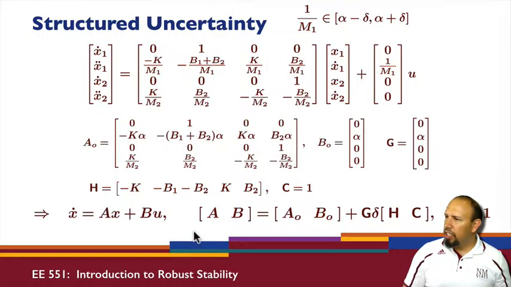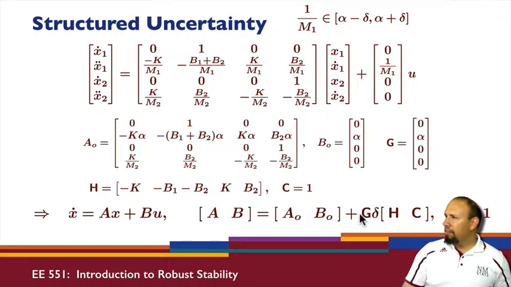And so A can be written as this plus G times delta times H. If I multiply G times delta times H, I get the uncertainty appearing in this row that has the M1s. Similarly, in my B matrix, this is my B naught, which is 1 over M1, where alpha is the nominal value of 1 over M1.